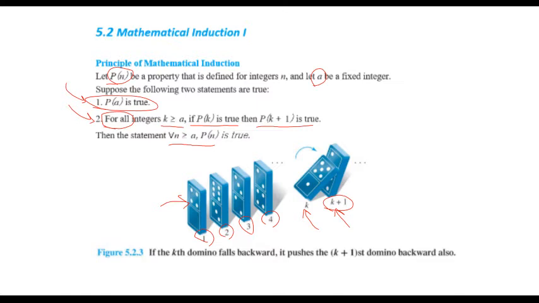So if we have these two assumptions, we can conclude based on mathematical induction that all of the infinite number of dominoes that we have will eventually fall backward, right? So for any given domino, no matter which domino it is, it will fall eventually, right?